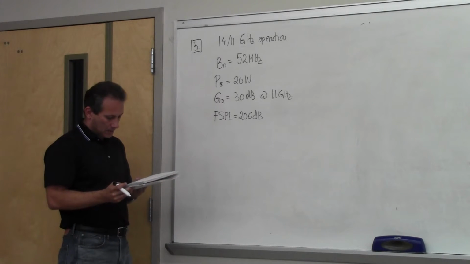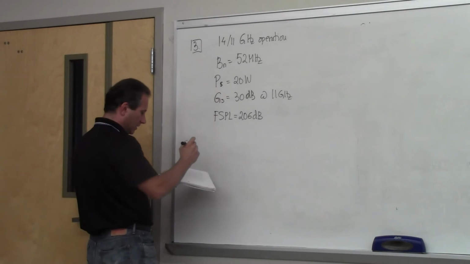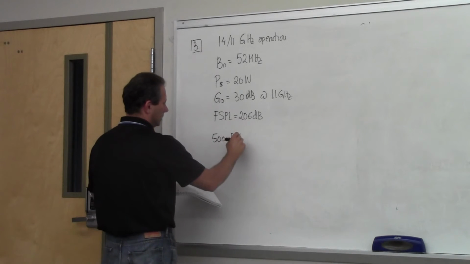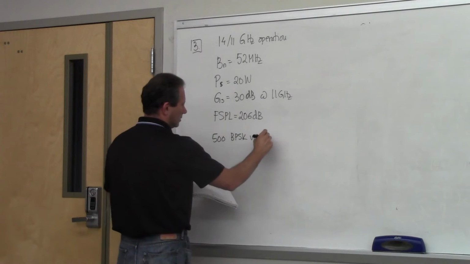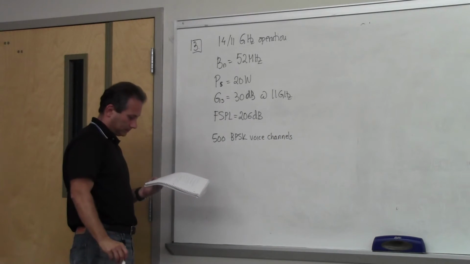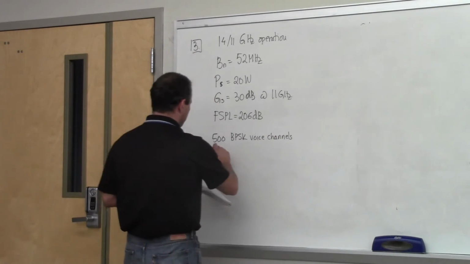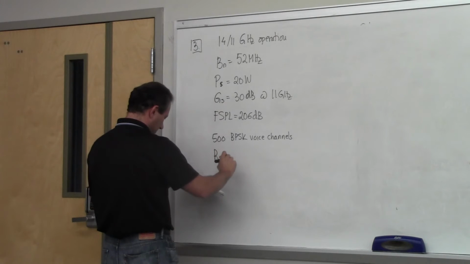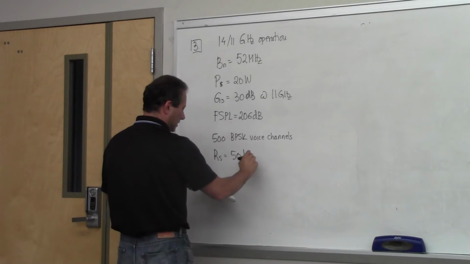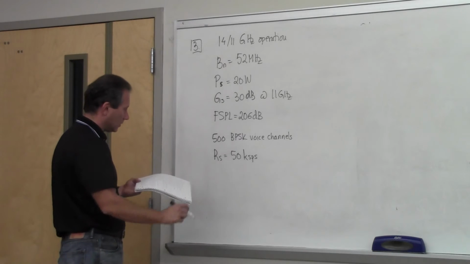atmospheric losses. The transponder is used in FDMA mode to send 500 BPSK voice channels, with a symbol rate, which is the same as the bit rate, of 50 kilosymbols per second, and requires a receiver with a noise bandwidth of 50 kilohertz.